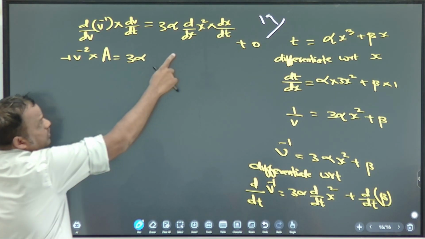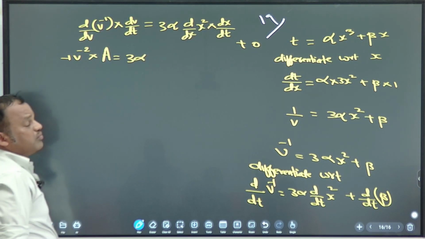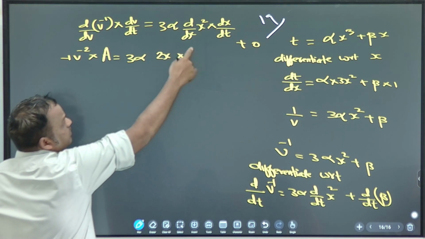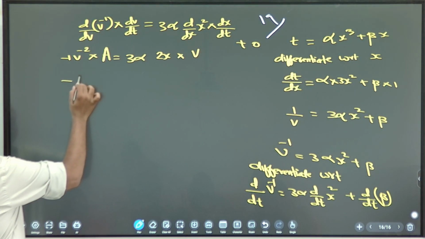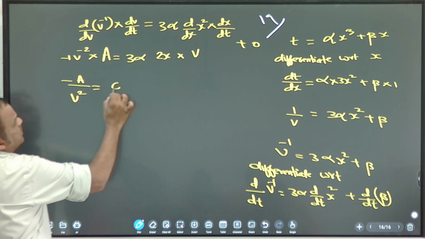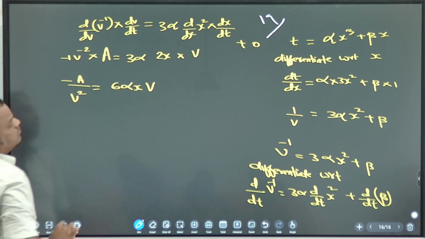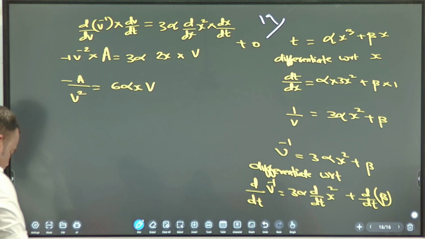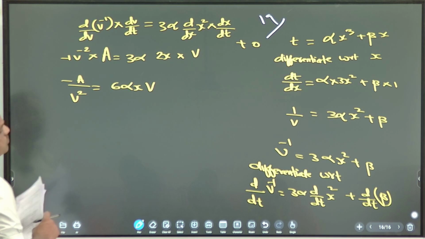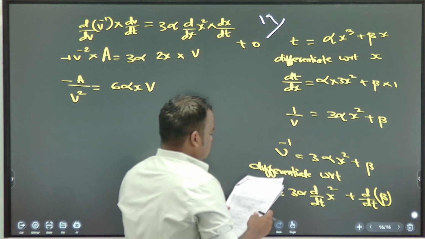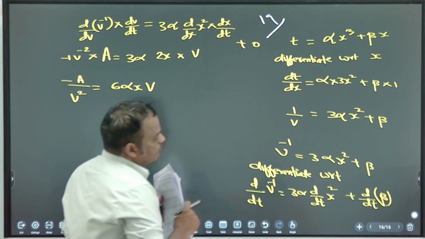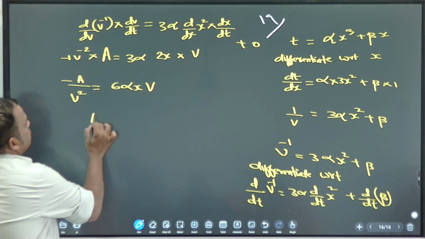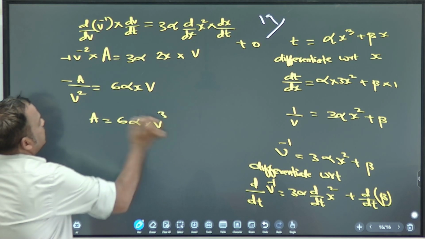Then 3 alpha, differentiation of x square with respect to x, 2x. And what is dx by dt? v. So minus a by v square is equal to 6 alpha x v. So a is equal to minus 6 alpha x v cube.